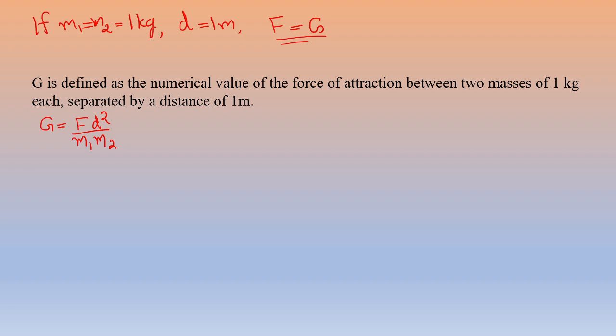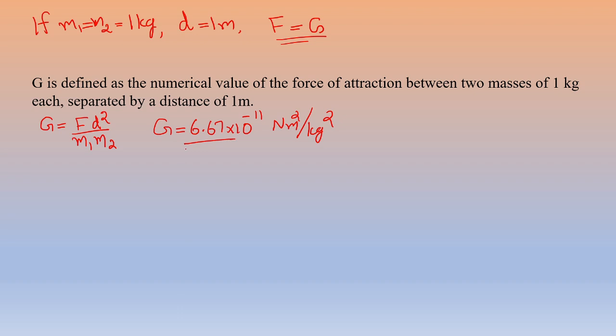It was done by Henry Cavendish in 1798, and the value of G is found as 6.67 into 10 raised to negative 11 Newton meter square per kilogram square.